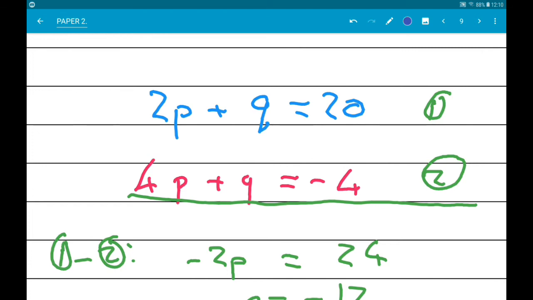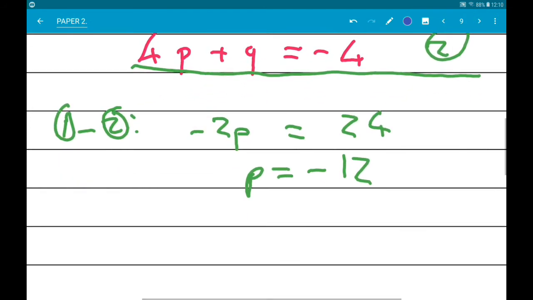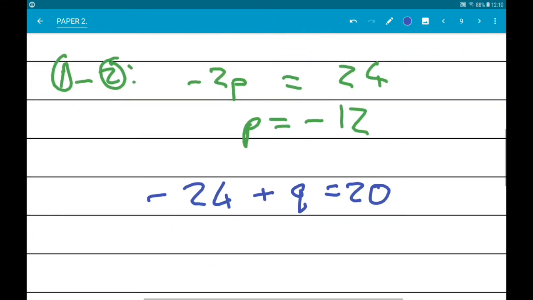So I'm going to put it into number 1. So then we know minus 24 add Q is 20. Therefore, Q is 44.